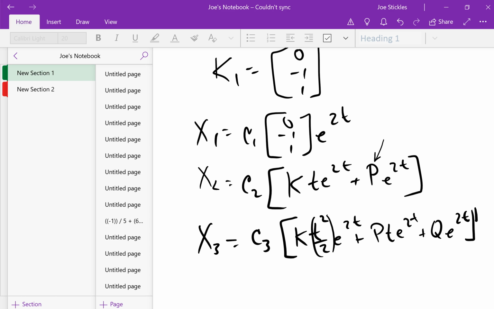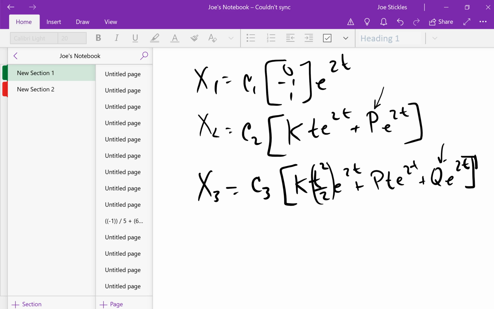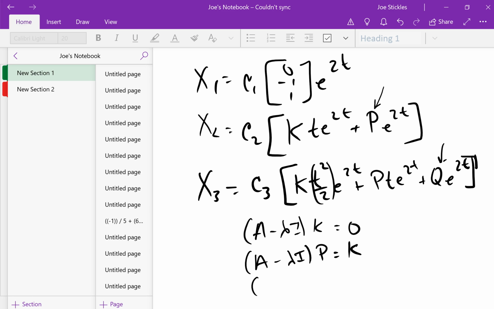Then we've got to figure out what this Q is after we figure out the P. Remember from class, we already know that A minus lambda I times the K is equal to the 0 matrix. The idea behind this is that A minus lambda I times P has to equal the K matrix, and A minus lambda I times the Q has to equal the P matrix. This is why we have to find the P before we find the Q.